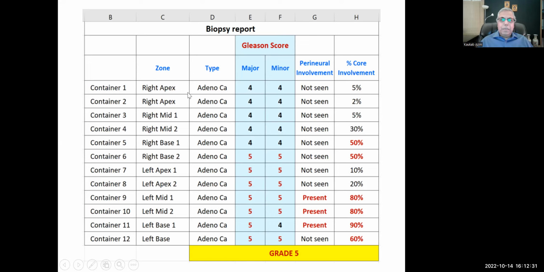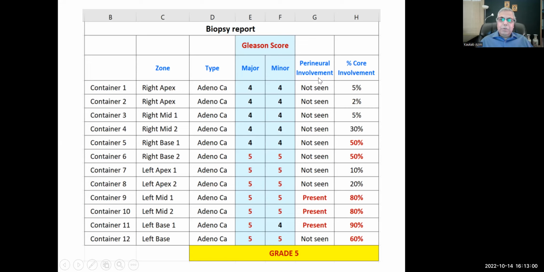The Gleason score in container number 1 was 4, and 5 of the cores had a Gleason score of 8. 6 of the cores had a Gleason score of 10, which means here he saw only pattern number 4, no other pattern. Here in these 6, he saw only pattern number 5, the most aggressive one, and no other pattern. Here he saw a combination of pattern 5 and 4. Pattern 5 was more predominant. He has written major and minor over here.